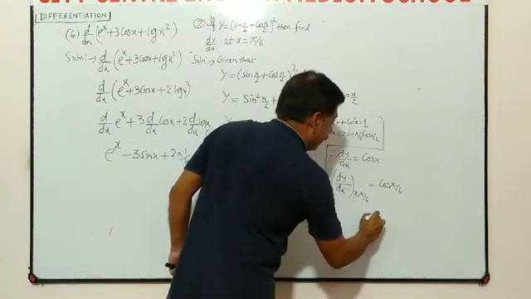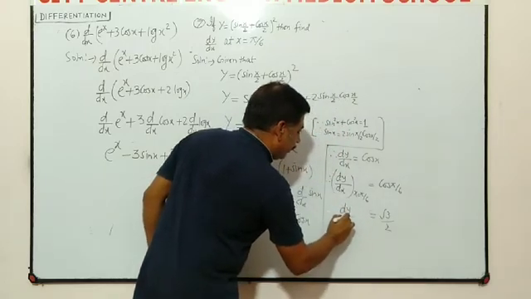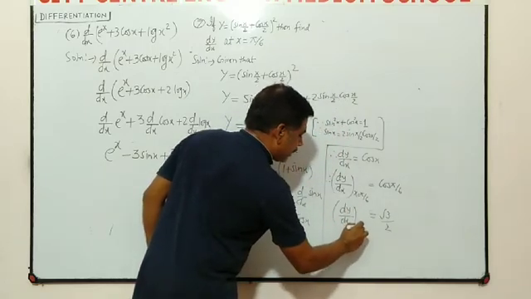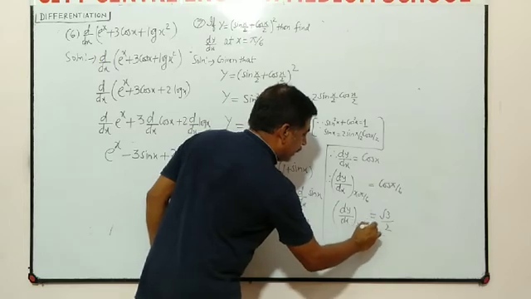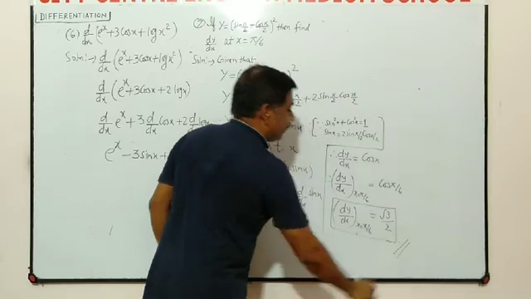Cos 30 degrees means root 3 by 2. So the value of dy by dx at pi by 6 is root 3 by 2.